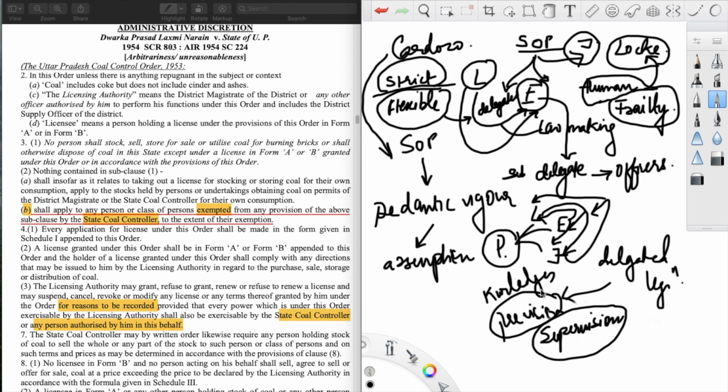Therefore, certain aspects of law are delegated to the executive for the purposes of inclusion of knowledge of precision and also close supervision.